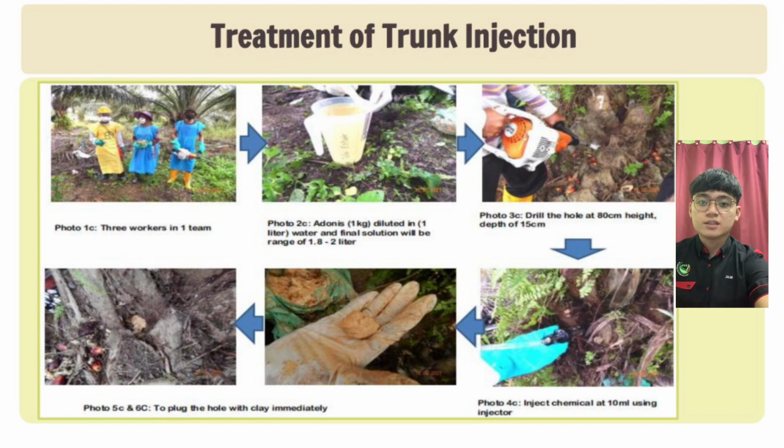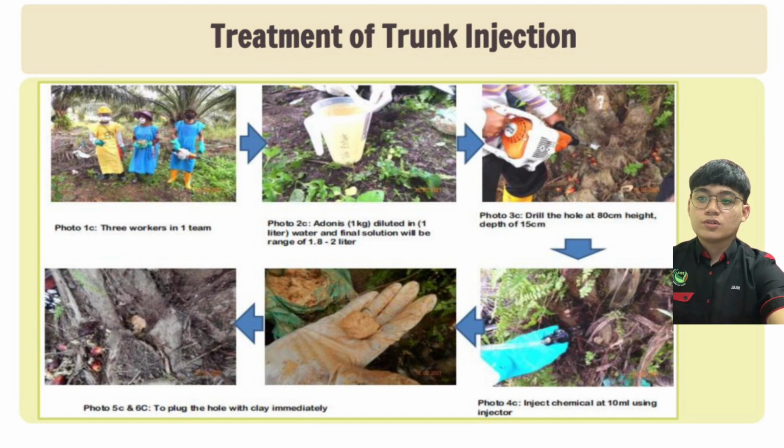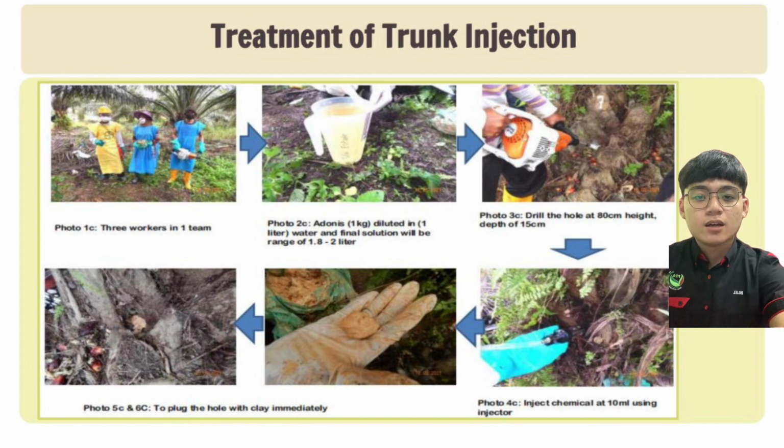As we know, pesticide is a hazardous material. In photo 2.c, we will use acephate 1 kg diluted in 1 liter of water, and the final solution will range from 1.8 to 2 liters. Most companies prefer using diluted pesticide because it can cover more palm trees.